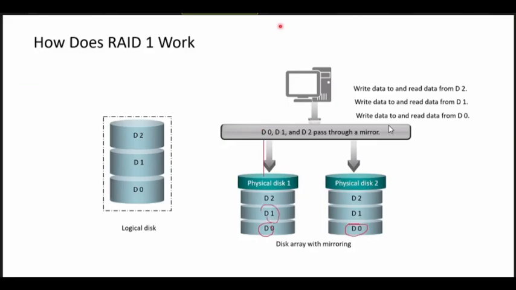He writes D1, he has to write D1 again. Same with D2. So it will be much slower on write. Read is no problem, you can just read from one disk. But writing will be very slow. If you add another mirror on top of that, and the write process is 1 second, now you have 2 seconds. So it extra increases the time there.